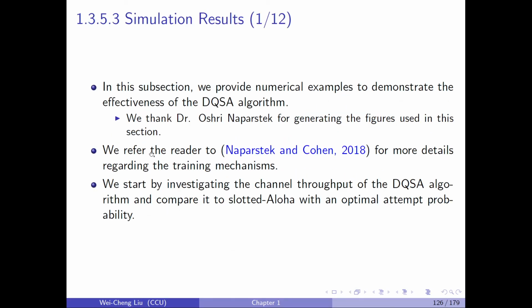We refer the reader to Naparstek and Cohen 2018 for more details regarding the training mechanisms. We start by investigating the channel throughput of the DQSA algorithm and compare it to slotted Aloha with an optimal attempt probability.